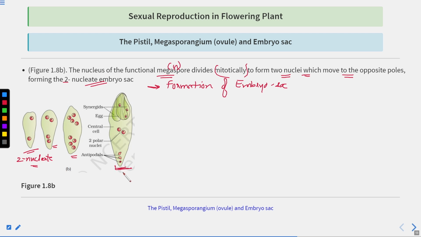So this is how the embryo sac looks. This is the chalazal end, meaning the basal end. The chalazal end consists of the antipodals, and the micropylar end consists of the egg apparatus.